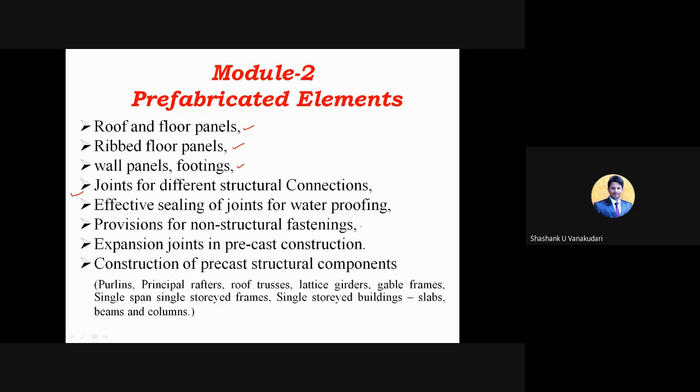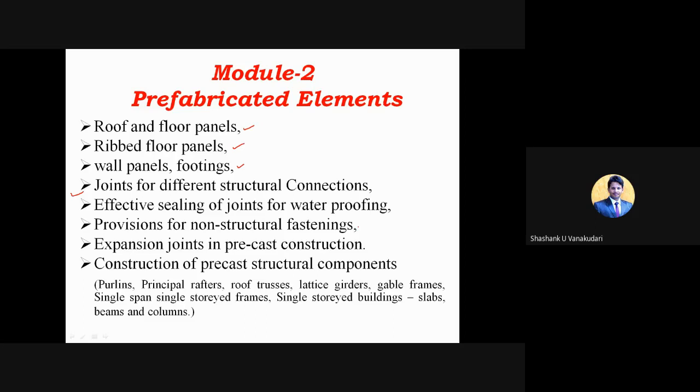And then expansion joints in precast construction. Basically the concrete structures may expand or shrink depending upon the temperature changes, as you already know. At that time you need to maintain certain gaps between the structural members, such that at the expansion time it should take place in that particular gap.